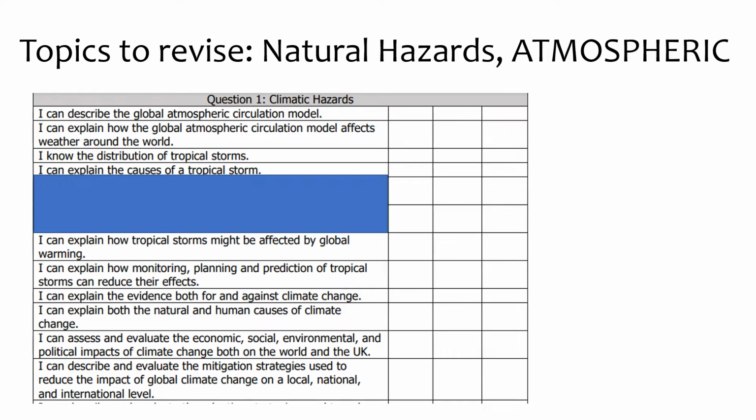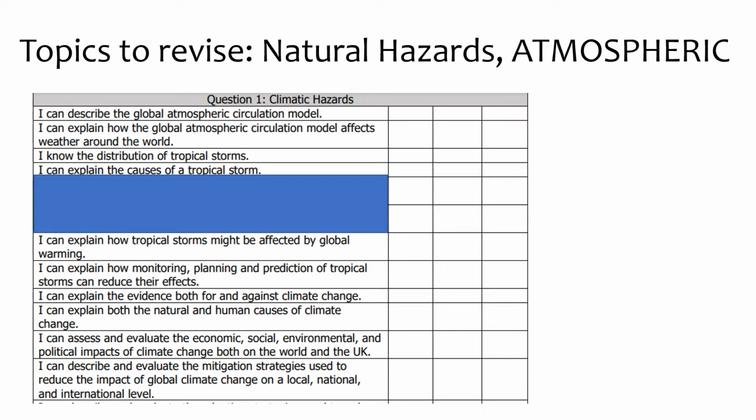And as they grow in intensity, they then become a tropical storm, which is a spinning mass of low pressure spinning anti-clockwise. The middle of the storm is called the eye. It's very calm. The eye wall just next to that is the fastest bit, the most powerful bit of the storm.